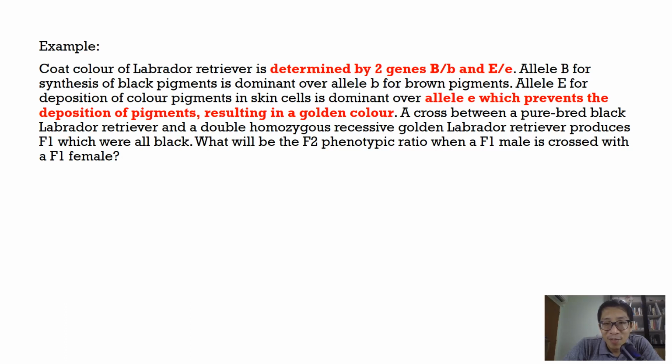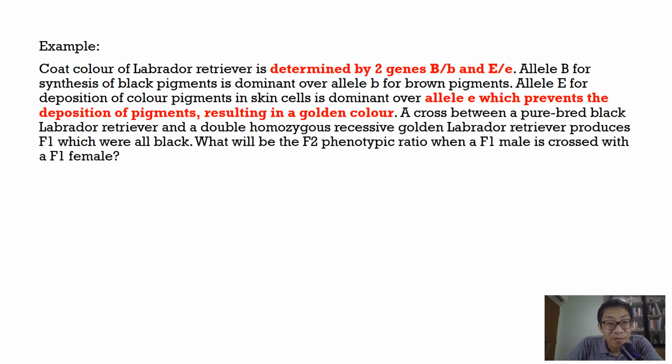So the recessive E gives a golden color because of the lack of deposition of pigments. So you have the cross between the purebred black dog and the double homozygous recessive golden dog. F1 were all black, and then you're supposed to find the F2 ratio.